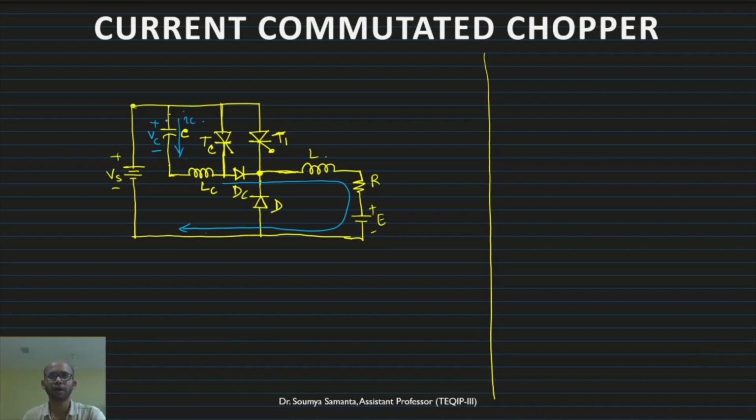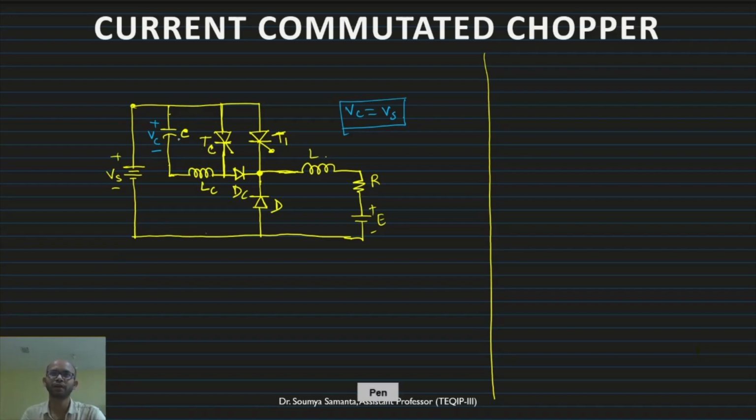So now the capacitor will be charged with Vc, and once this Vc becomes equal to Vs, then this current goes to 0. Then no current flows through this. So this is the initial condition.